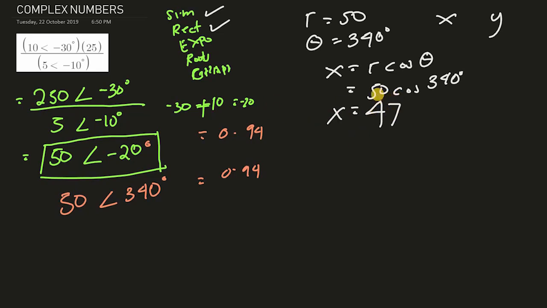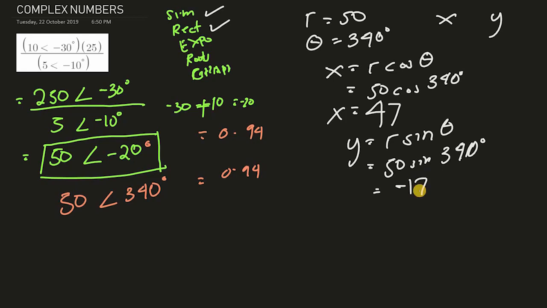Okay, next thing to do is isolve naman natin yung value ng ating y. Y is equals to r sine theta. Our r here is again 50 and sine 340 degrees. Solving for that, sine 340 times 50 is actually equal to negative 17.